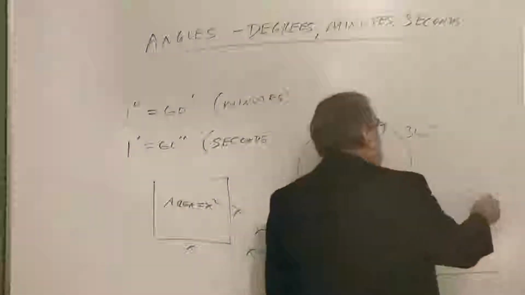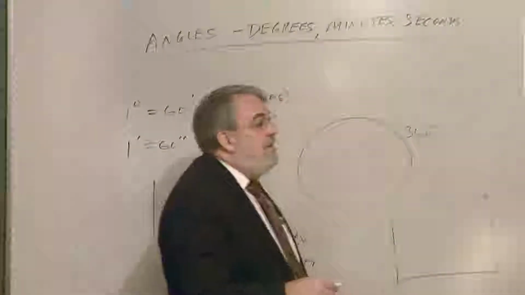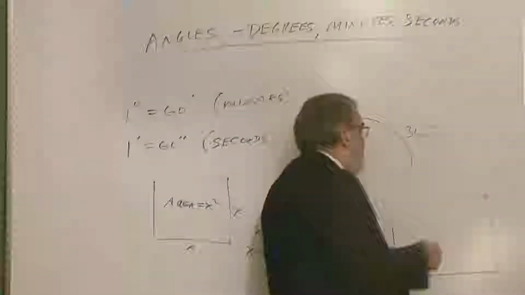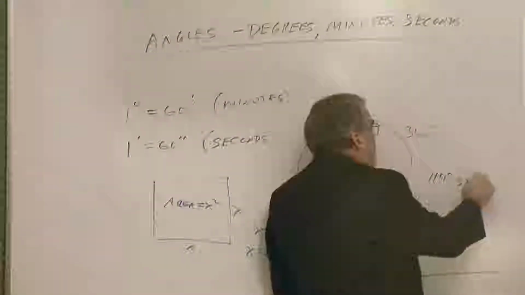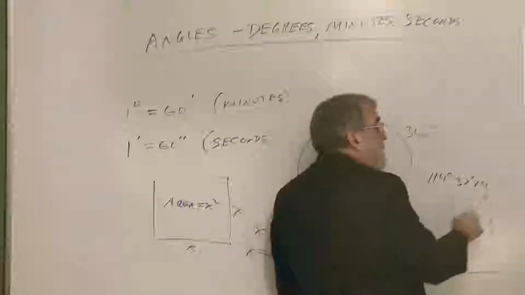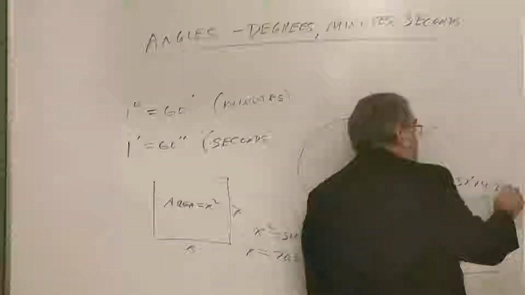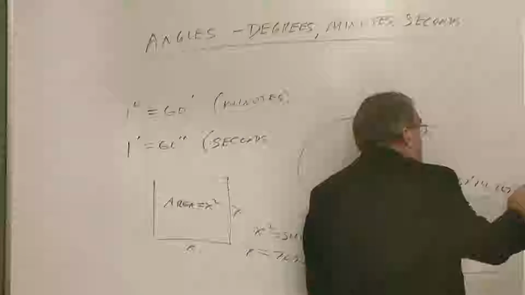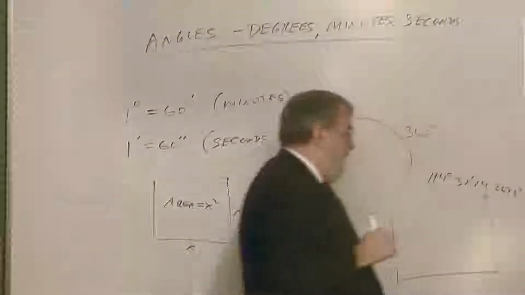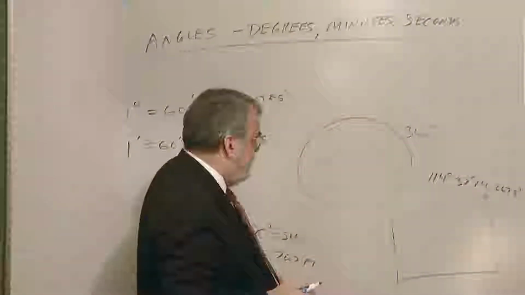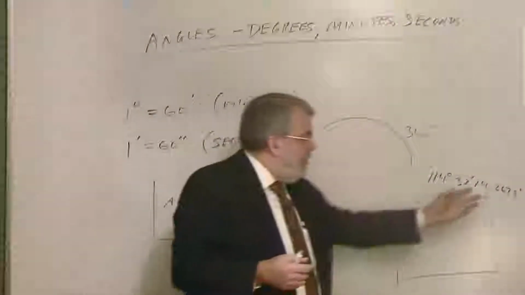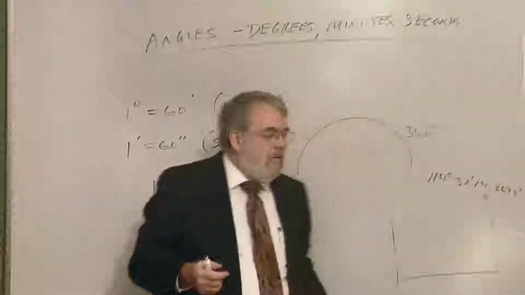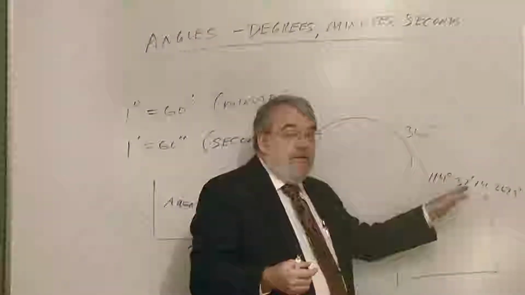But let's say the longitude, again I'm making up numbers, was 114 degrees, 37 minutes and 14.2679 seconds.